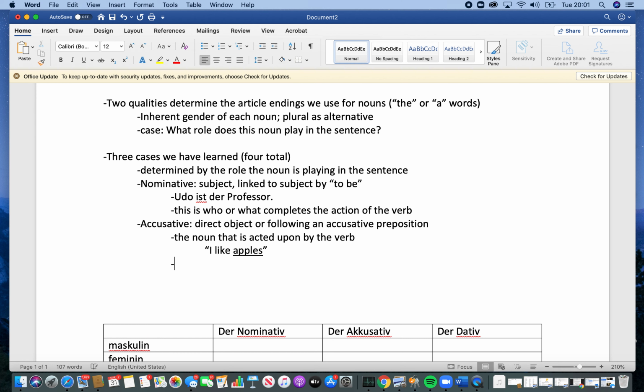And then the accusative prepositions, we've talked about most of them. We have durch, that means through, für, gegen, against, ohne, without, um, which is around, or at a certain time, like 7 Uhr would be like at 7 o'clock.